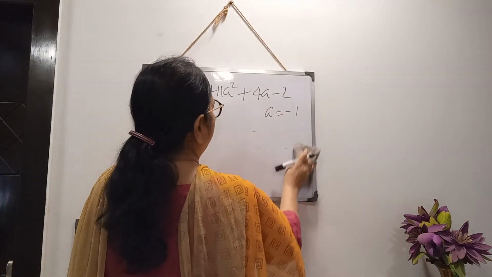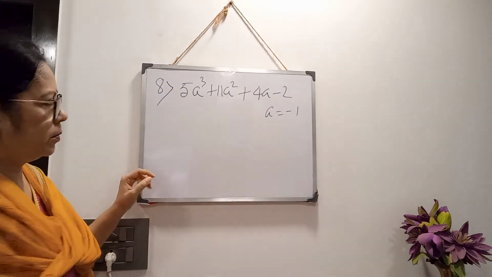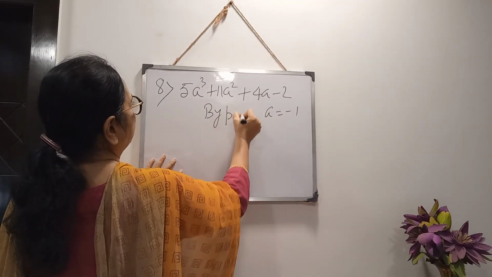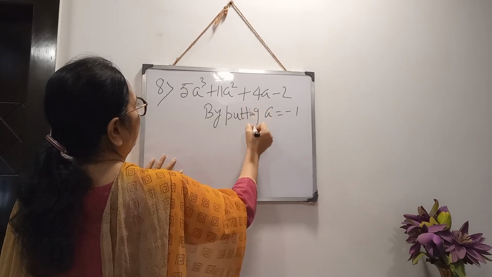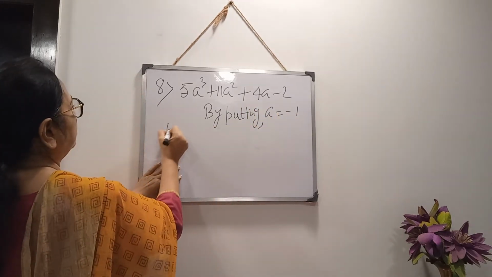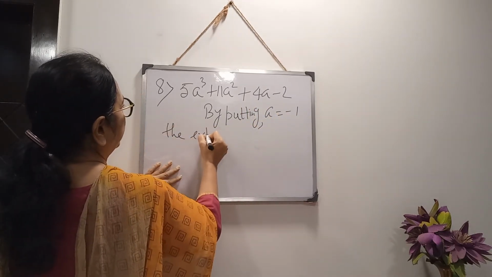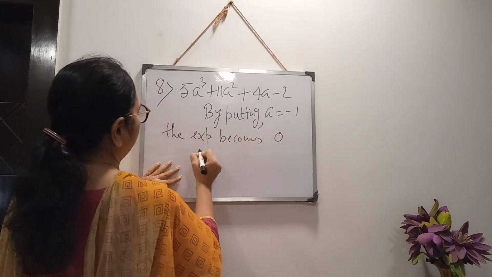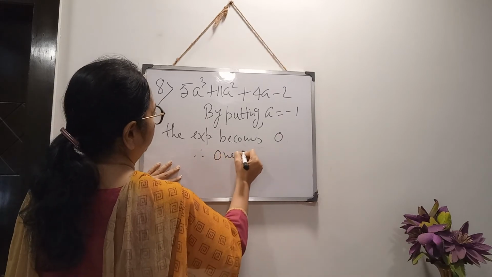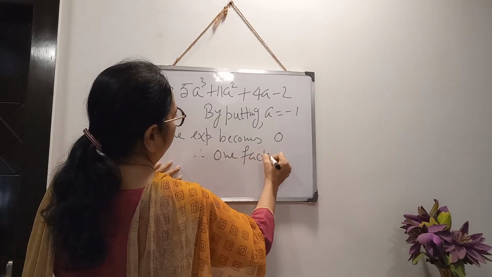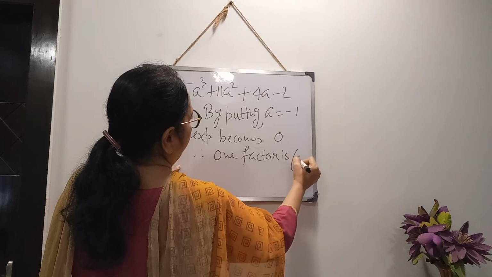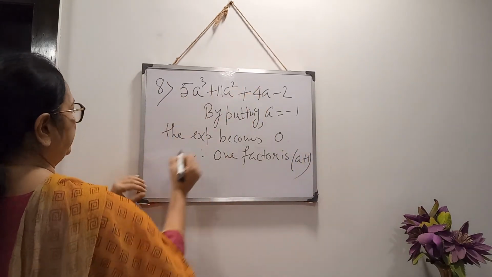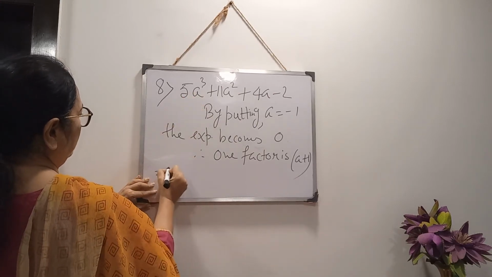So by putting a equals to minus 1, the expression becomes 0. Therefore, one factor will be a plus 1. Clear? Then I have to rearrange this expression.